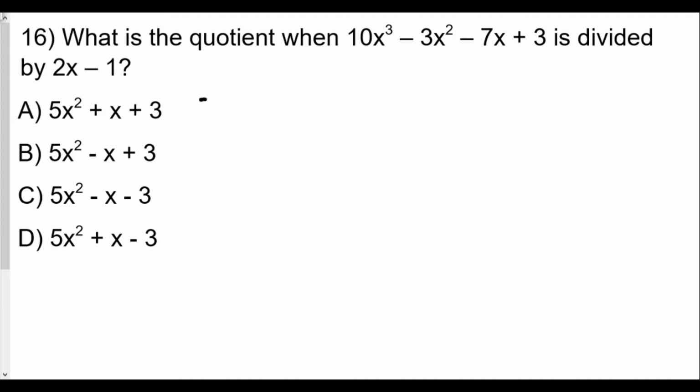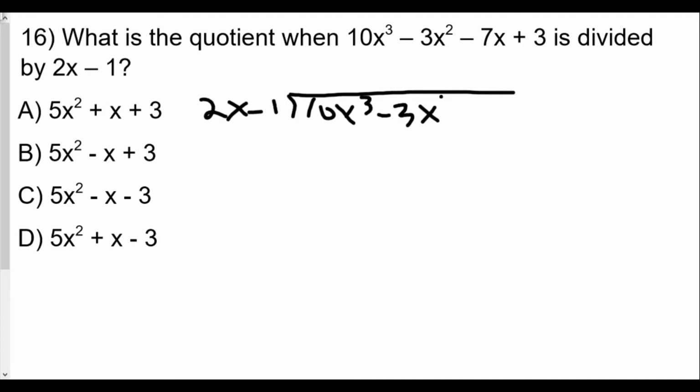So we're going to take 2x minus 1 and divide it evenly into 10x cubed minus 3x squared minus 7x plus 3. What we do is we always take our lead term and divide into each of these lead terms.